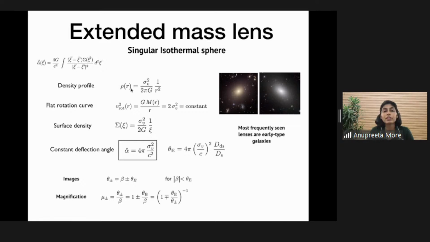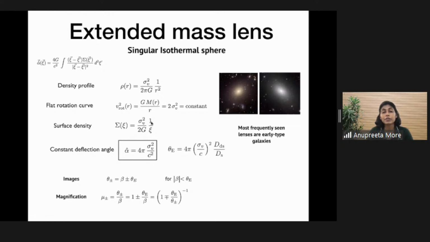So the three-dimensional density profile is given by 1 over r squared, and the mass in these systems scales as r. If you look at the rotation curves, they look flat in these systems, so the velocities are basically constant. And the two-dimensional surface density profile is then given by this.